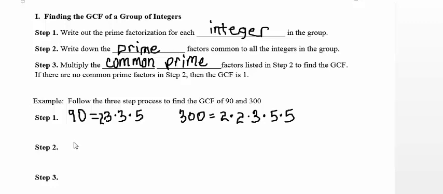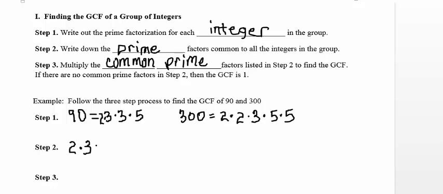Now in step 2, we want to write the common prime factors. So we see that 2 appears as a factor in 90 and appears twice as a factor in 300. So that means we can only write one 2 in the GCF. Only a single 2 appears as a common factor. 3 appears twice as a factor in 90, once as a factor in 300.